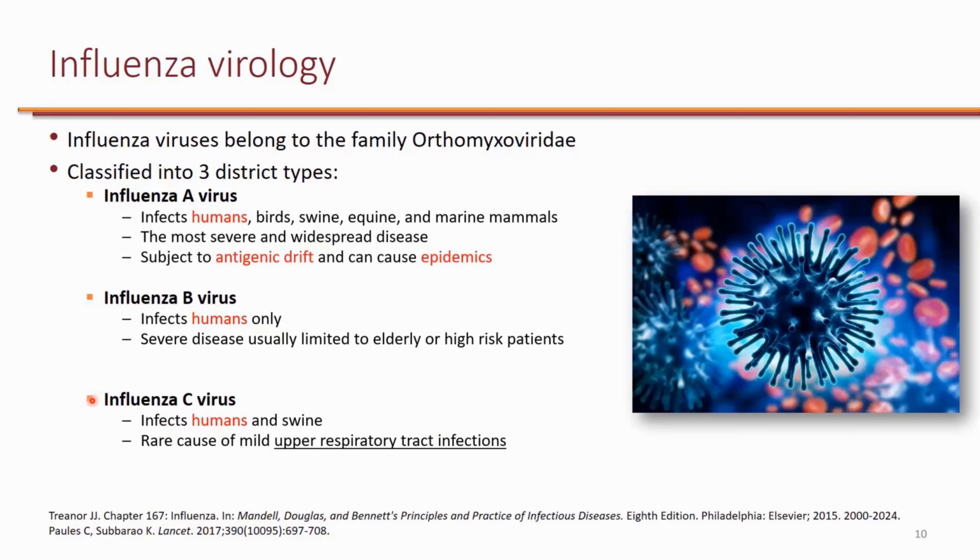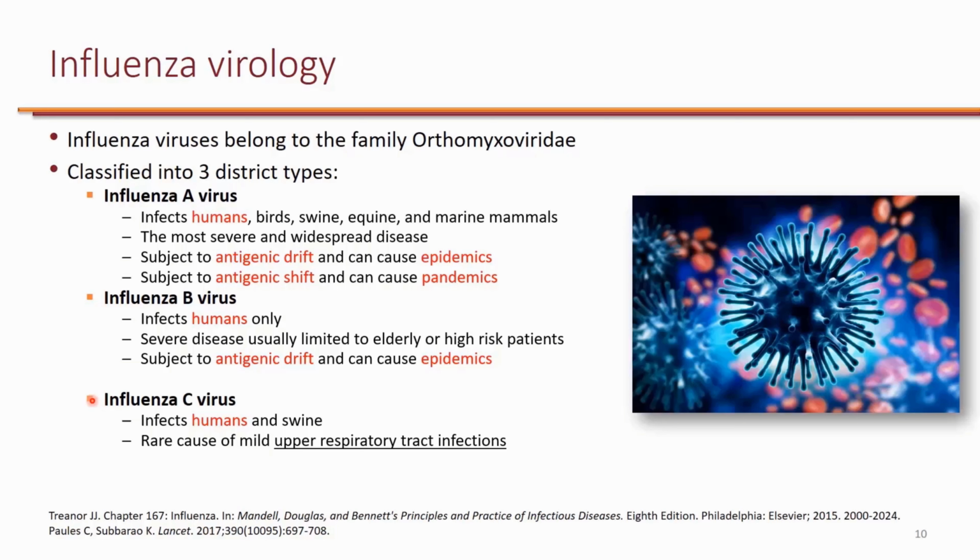Now, both influenza A and B are subject to antigenic drift, which are basically point mutations that happen in the genetic material of the influenza virus, and this leads to variation that can cause epidemics every influenza season. Influenza A is also subject to antigenic shift.